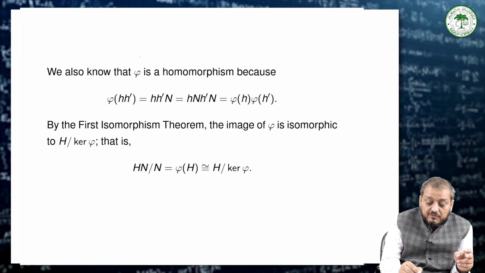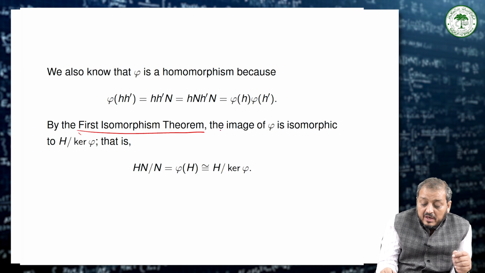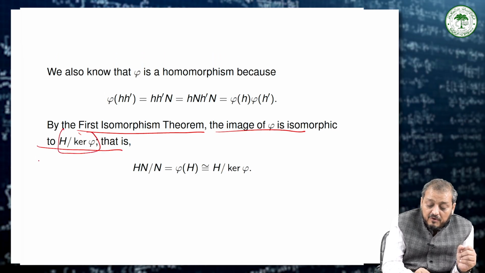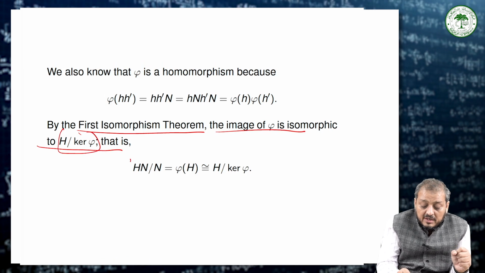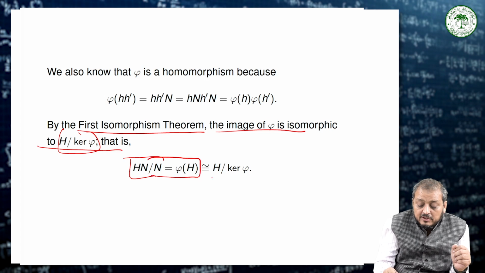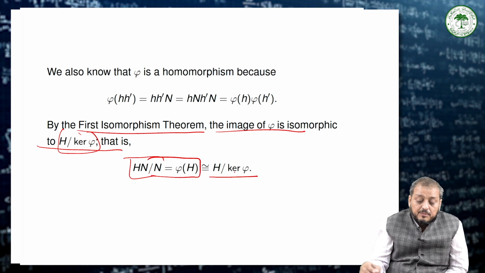Then we can say, by the first isomorphism theorem, that the image of phi is isomorphic to H over the kernel of phi, that is, hN over N is equal to phi of h, and this is isomorphic to H over kernel phi.